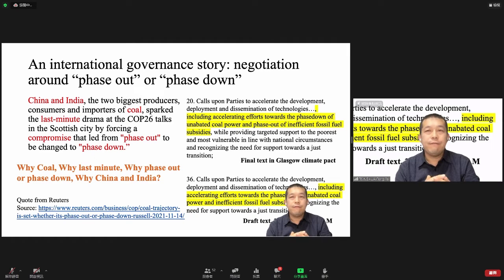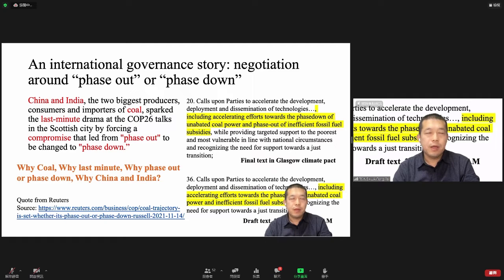And that is the story that we will analyze throughout this lecture. But before we discuss this, we need to ask several questions of ourselves. Why is coal the core of this year's climate negotiation?